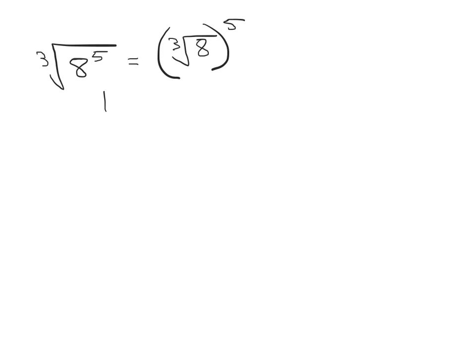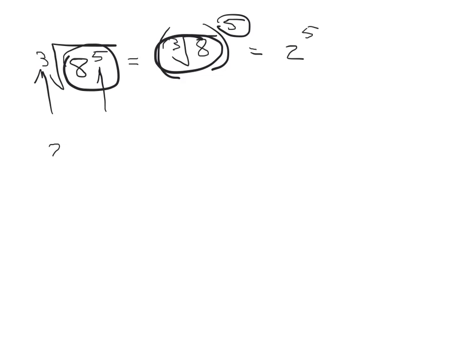So notice you can take this and pull that out. So the cubed root of 8 is 2, and then we take that to the 5th power, and that's a lot easier to do than to take 8 to the 5th power and then take the cubed root of it. So that's just showing you can do the cubed root first and then do the exponent, and that will make life so much easier.